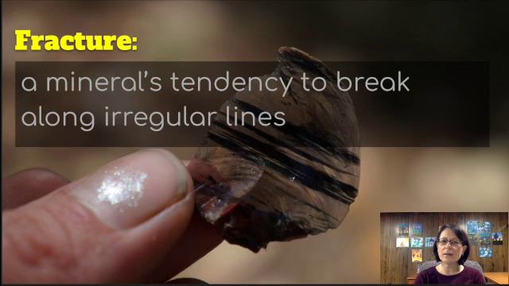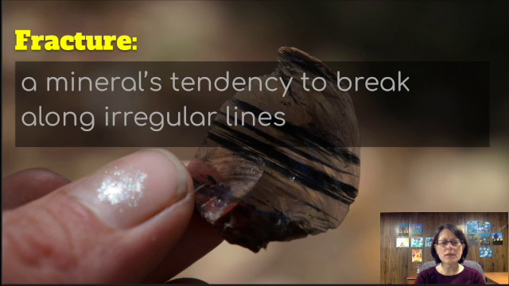However, other minerals, when they break, have something called fracture. It breaks along irregular lines, and we can see here in this sample by the fingernail, it kind of looks like this has broken in a conical kind of shape, like glass. Sometimes you'll see this with glass. It's curved. And here we call that conchoidal fracture.